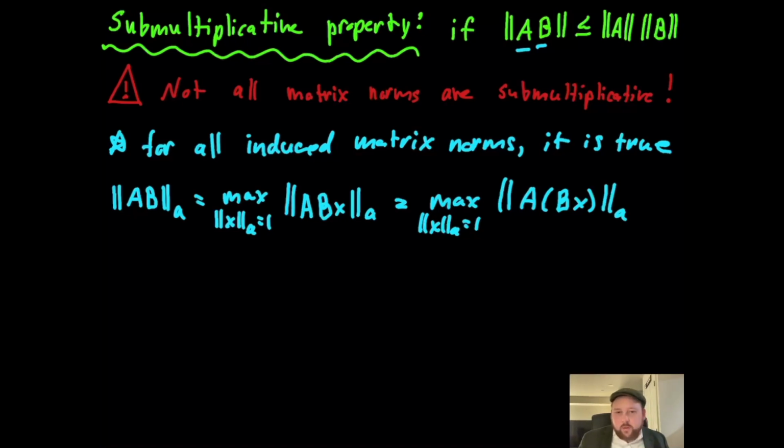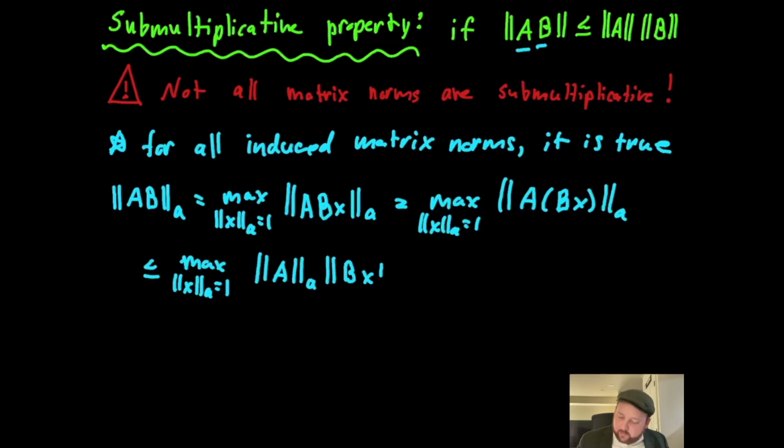Now I apply that inequality that I told you is satisfied by all induced matrix norms. This is less than or equal to the maximum taken over all vectors of A norm 1 of the induced matrix A norm of A times the vector A norm of Bx.